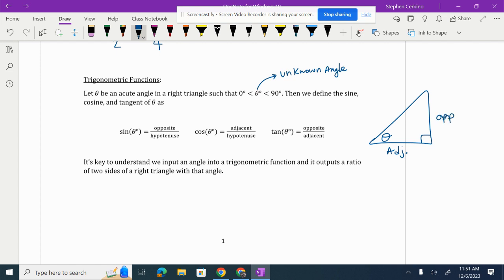And the longest side, the side opposite of the right angle, we call the hypotenuse. Well, if I redraw the same triangle, but I put theta here, the hypotenuse isn't going to change, but the adjacent side and the opposite side kind of flip-flop.